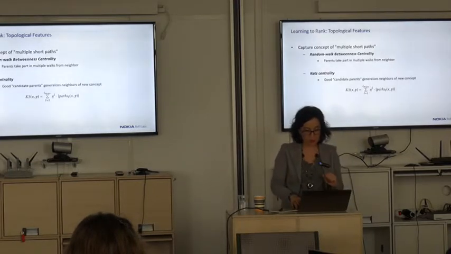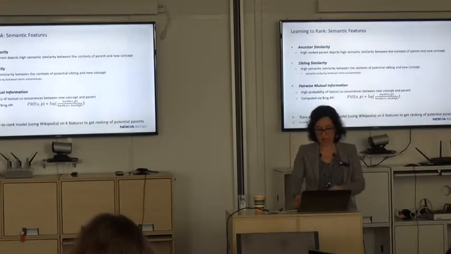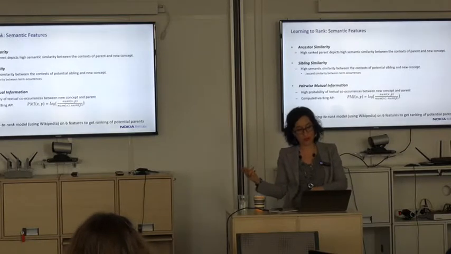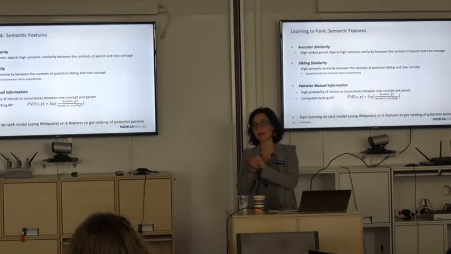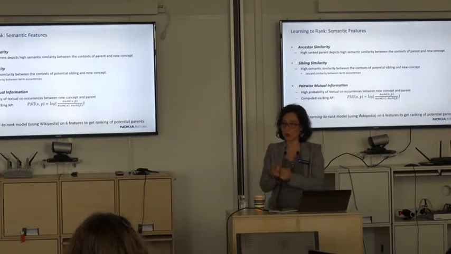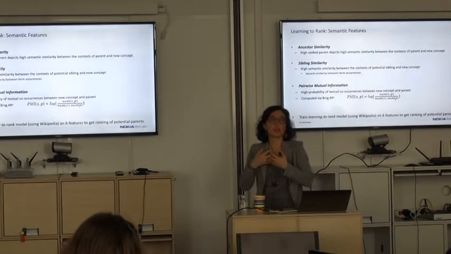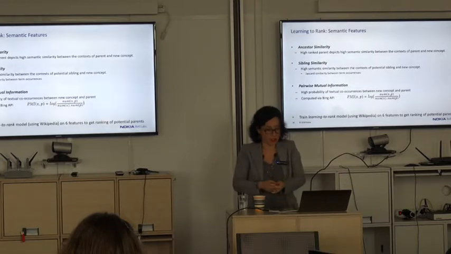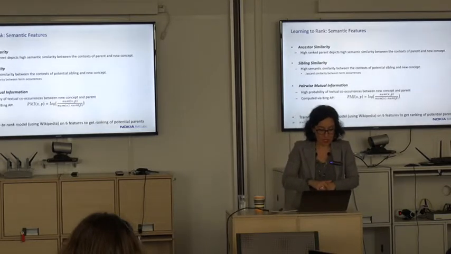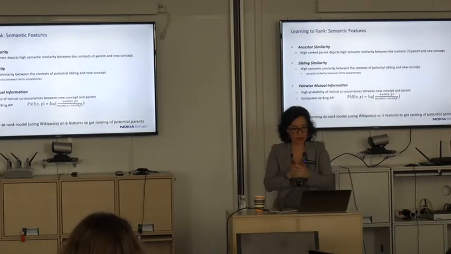So those were the top 3 features from a topological graph perspective. And then we have 3 features from a semantic perspective. So we compute semantic similarity between the possible parents and the node and the new concept that we are trying to put in this taxonomy. So ancestor similarity is the similarity between the new concept and the parents.